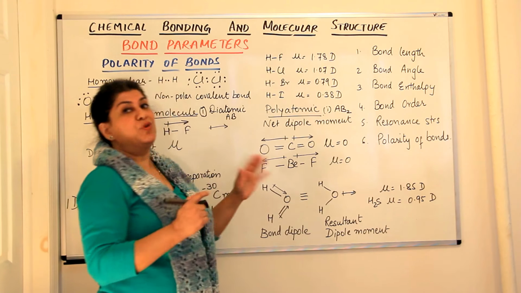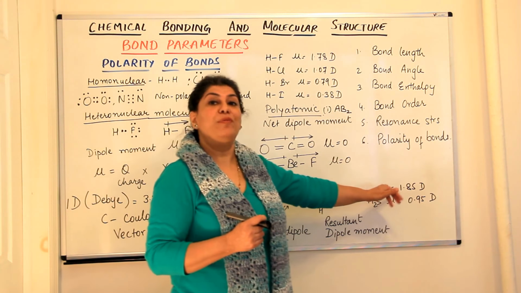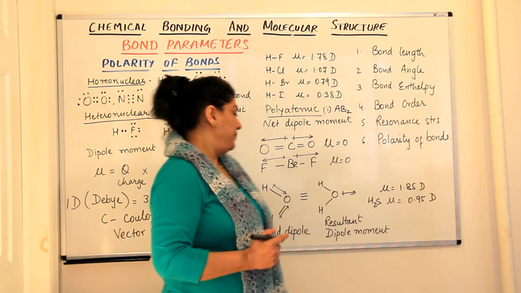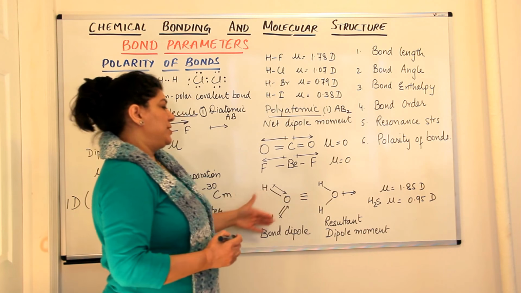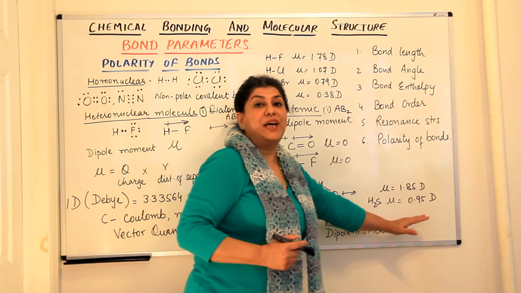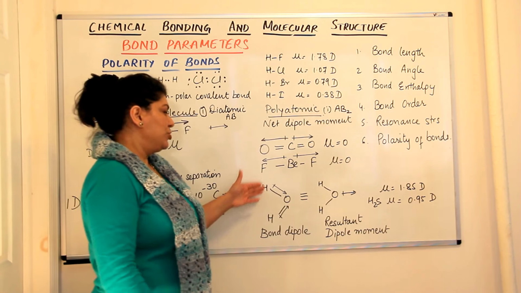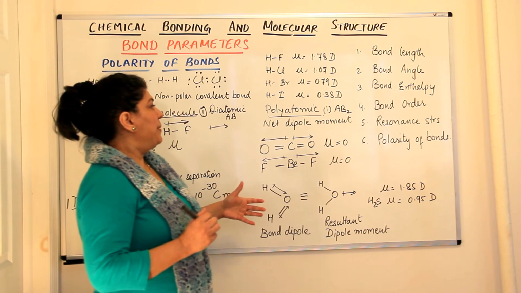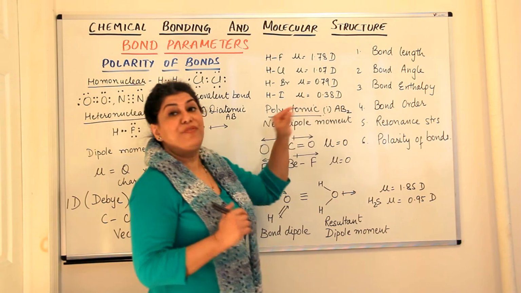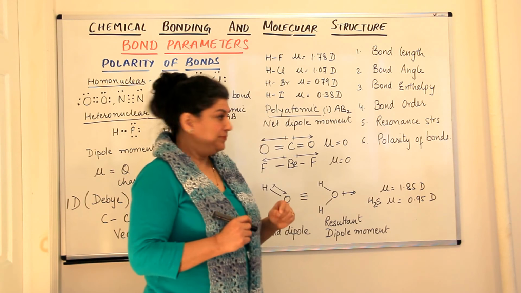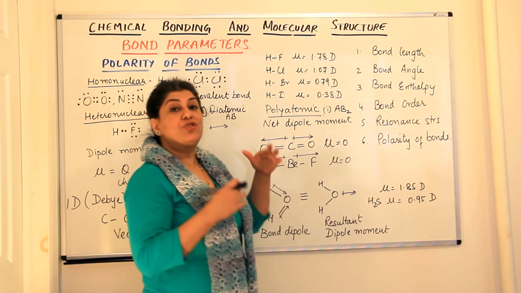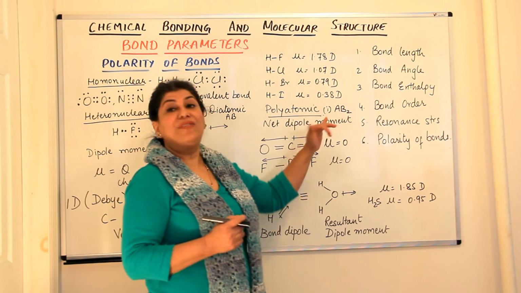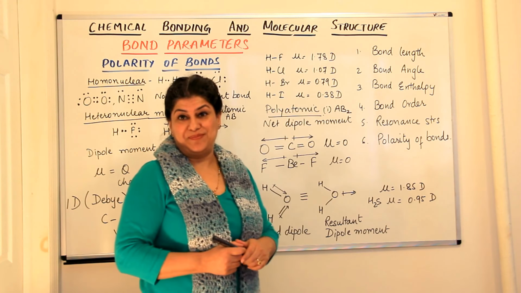If the charge is more, the magnitude of the dipole moment obviously would be more. But H2S, on the basis of the value of dipole moment, you can tell also has an angular structure. So this was about molecules which are of AB2 type. Let us now move on to the next type of molecules, of AB3 type.